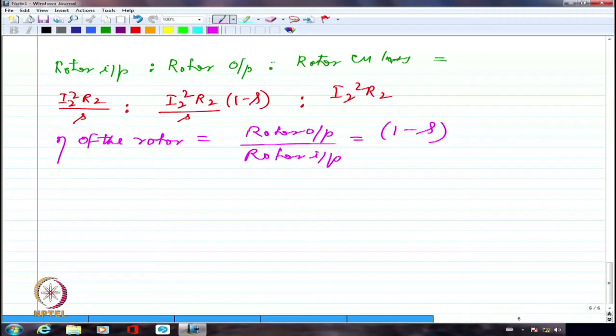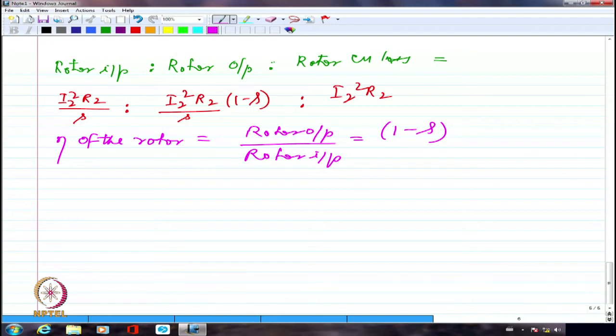If rather my motor works only at 1440 RPM, lower speed, now 60 is the difference in the speed between the revolving magnetic field and the rotor speed. 60 divided by 1500 is my slip, which means that is 4%, 0.04, 6 by 15. So that is going to be 4%.